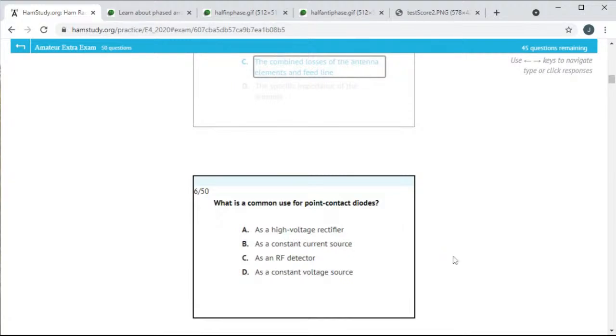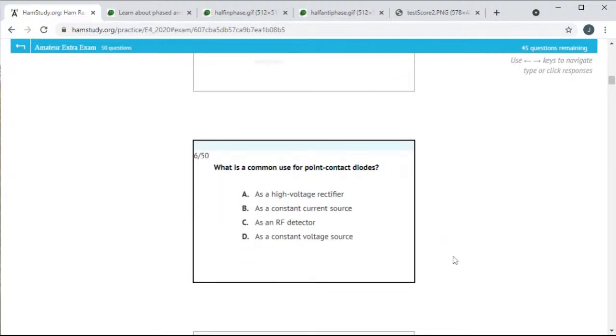What is the common use for point contact diodes? A, high voltage rectifier. B, as a constant current source. C, as an RF detector. D, as a constant voltage source.